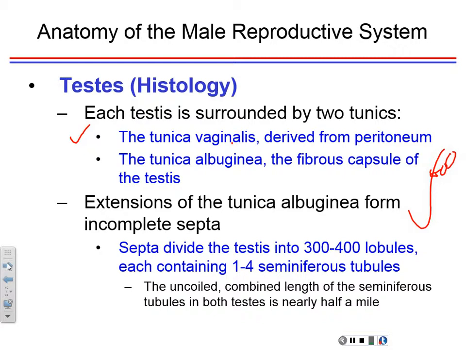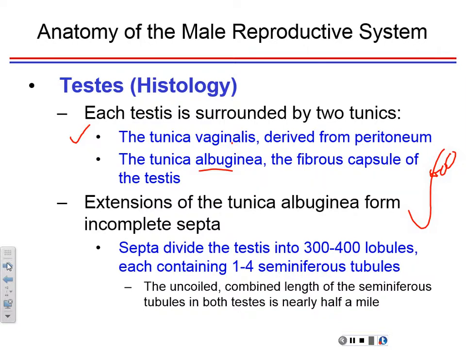All right, and then the fibrous capsule on the outside forms the tunica albuginea, which is kind of whitish, because albuginea comes from albino, white, so it's very tough white connective tissue that surrounds it on top of the tunica vaginalis, right?